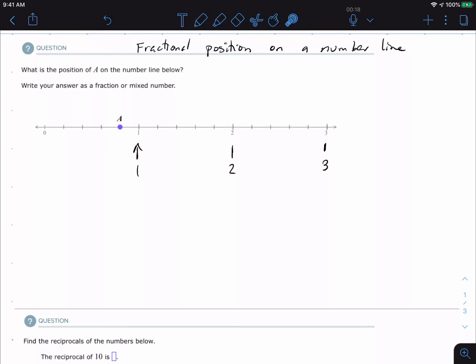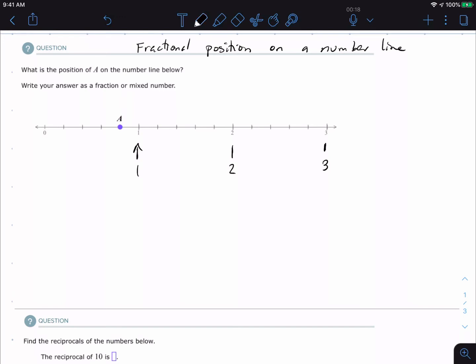I'd have to say maybe 5. So there's 4 in between, right? You see how there's 1, 2, 3, 4. But to get to the next one, there is 5. So for our fraction here, the denominator is always going to be 1 more than the number of dashes between the numbers. Okay.